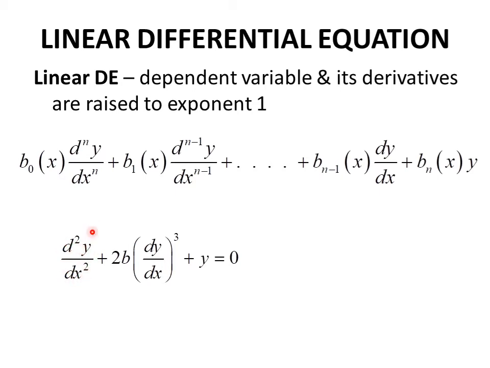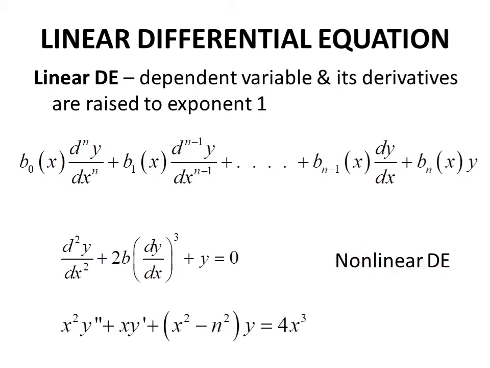Well, this is raised to 1. How about in this term, we have here dy over dx, the first derivative of y. But this is raised to the exponent 3. Therefore, this equation is not a linear differential equation, or it is a nonlinear differential equation.